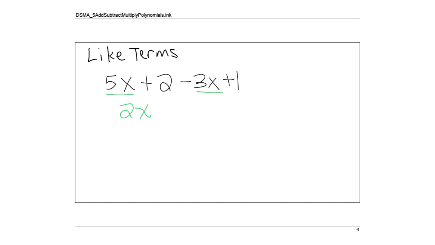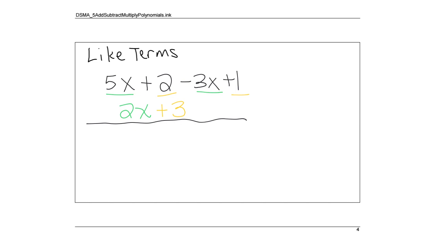You've got 2 cookies left. And then, of course, we can add the numbers together, so that would give us plus 3. But that's as far as we could go right there, because the 2 is times x, but the 3 is all by itself, so we can't combine those.